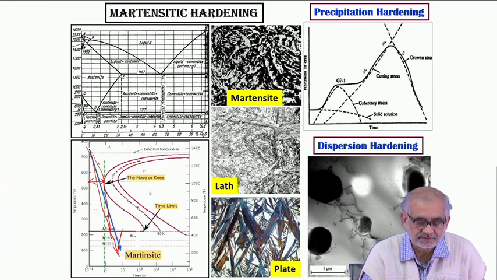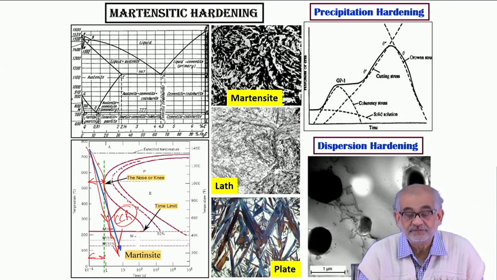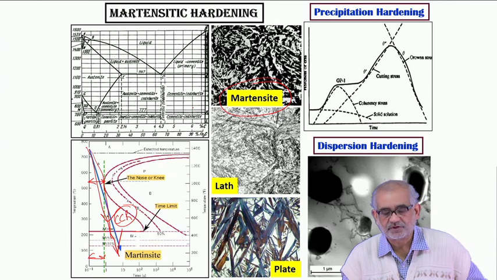This is what we must adopt. In other words, we have to adopt some drastic quenching because this time period is very, very small. Now, when we quench, then we convert the surface into martensite. That's our desired microstructural product.